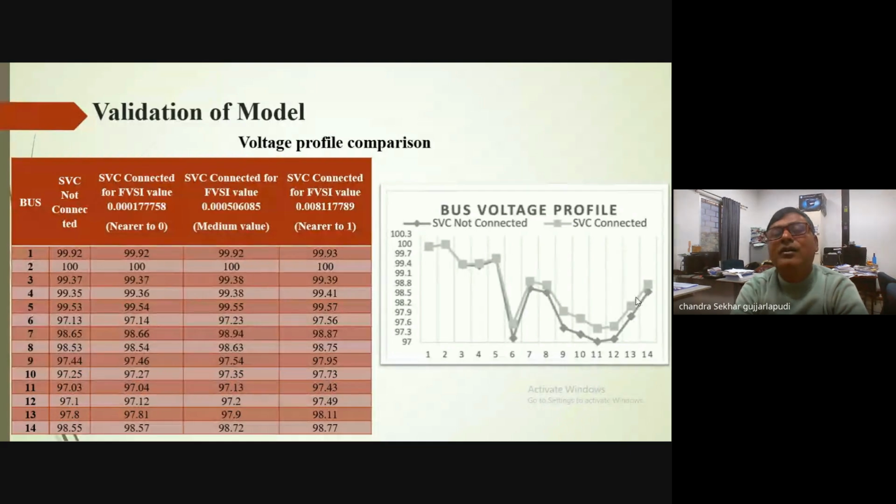So if they are doing some switching pattern, for that switching pattern, what would be the FBSI value, what SVC is connected, and what impact there will be in the system, that can be easily checked. And that can be done within a few seconds, not a big time is required. So this is very important for smart grid operations.